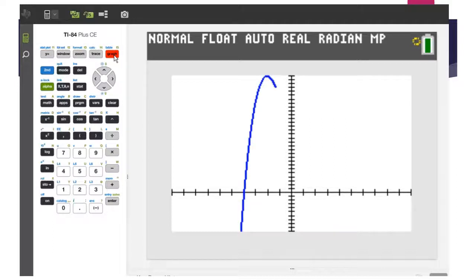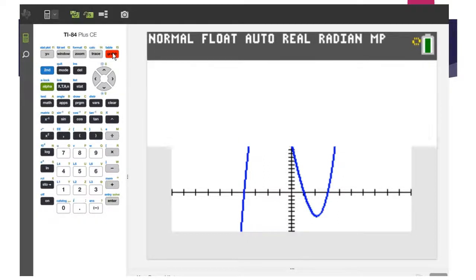Now I see the whole graph here. So when I'm sketching, I need to make sure that I identify that the x-intercepts are -4, 1, and 3, and that the y-intercept from here looks like 12. So let me look at the table and find out if these values are correct.